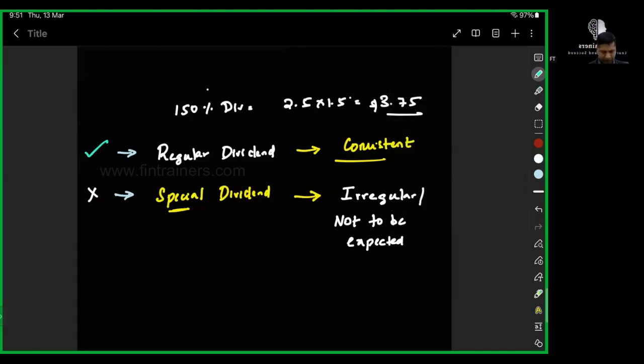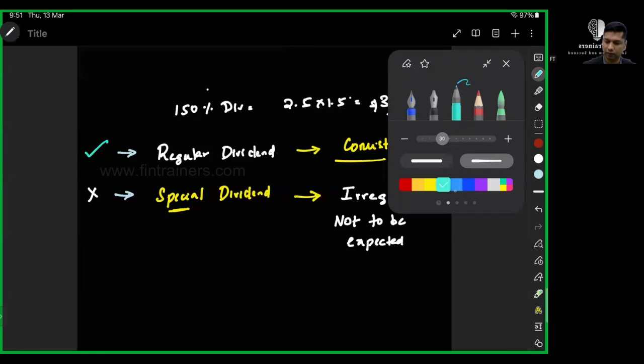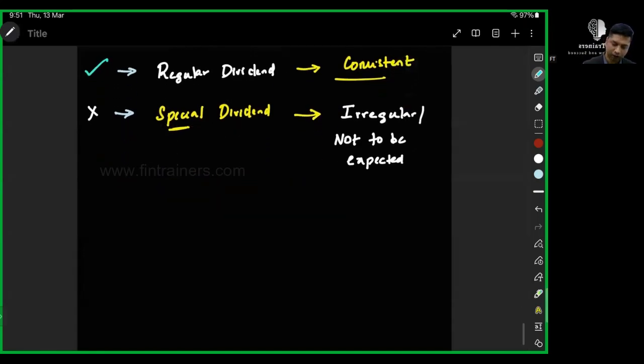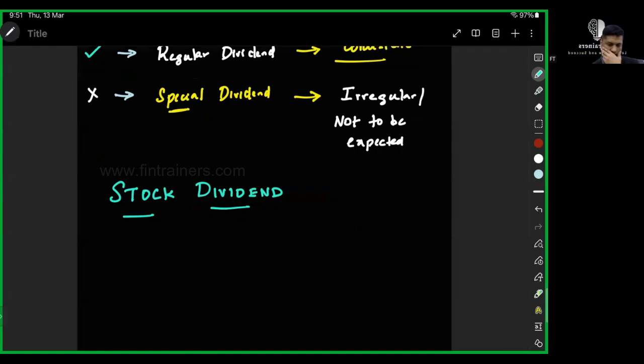Okay, now there is a bit about stock dividends. I don't know why they gave it here because we don't use stock dividends for any part of valuation, but we will talk about it because it's in your LOS. A stock dividend is like this. If a company has a certain number of shares, they might say, instead of cash, I will give you a percentage of additional shares of the total outstanding shares.